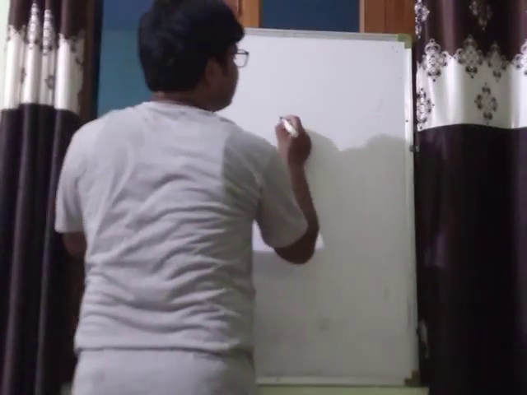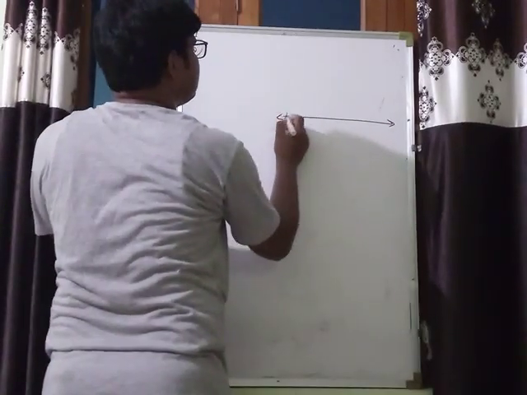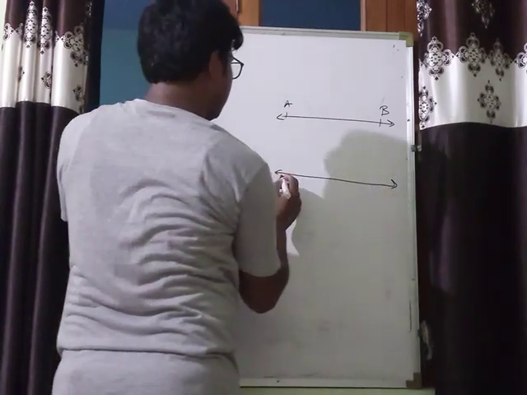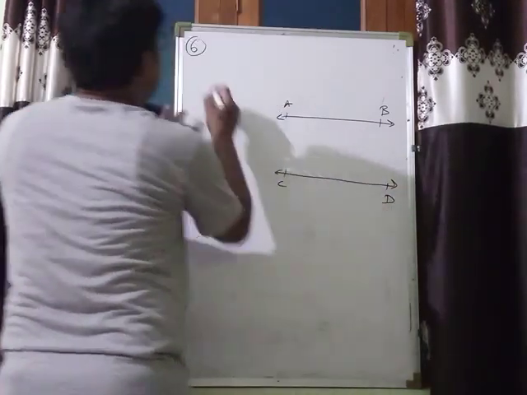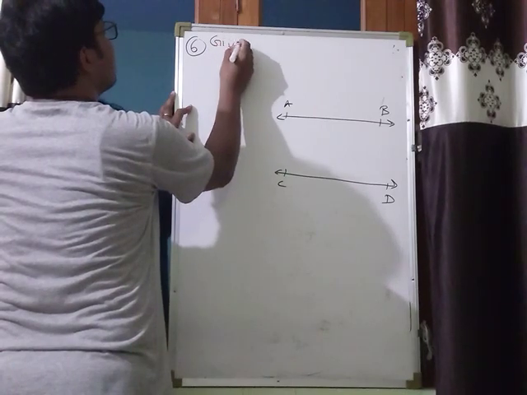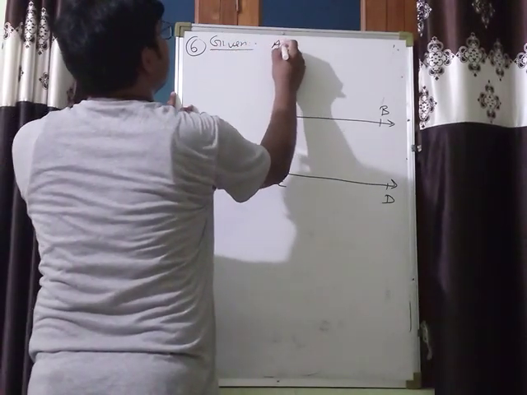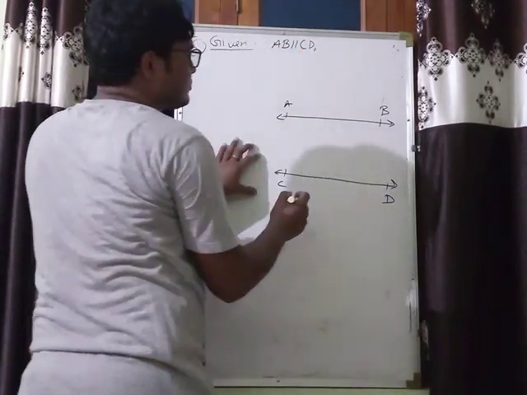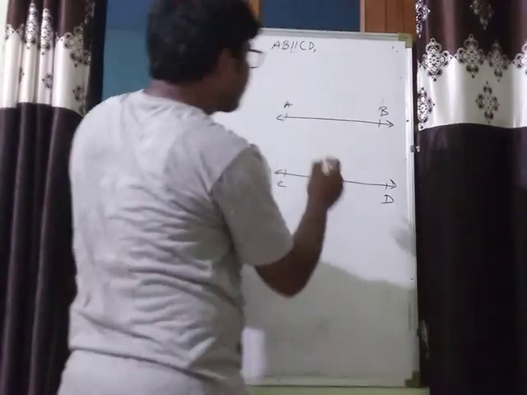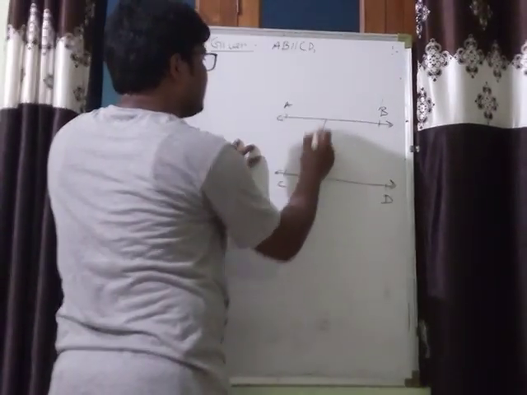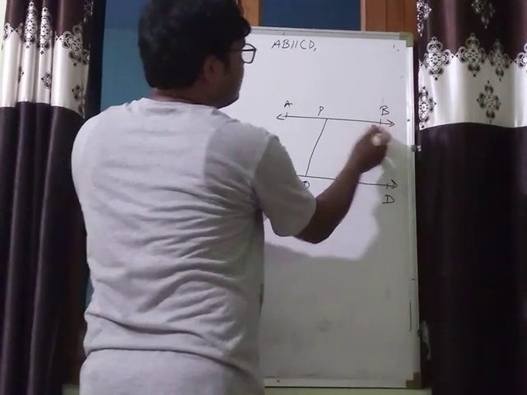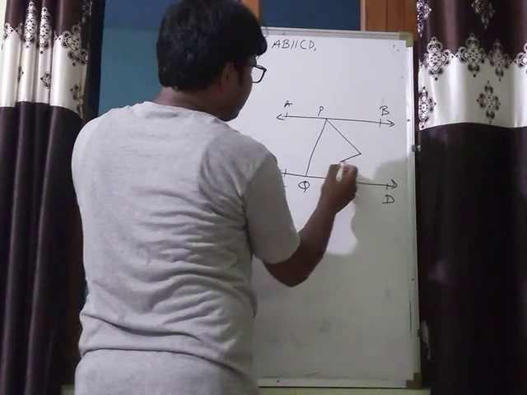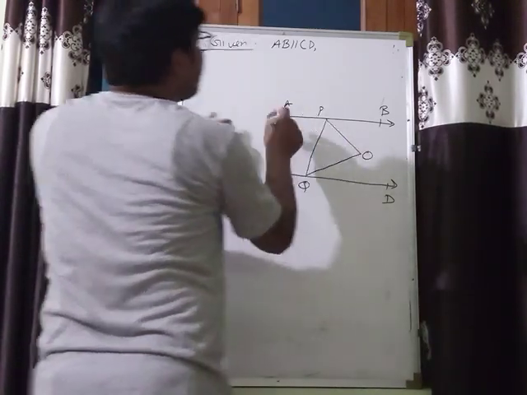See, the figure is this one. This is AB, and that is CD, and it is given that AB is parallel to CD, and this is PQ. So the bisector of BPQ and the bisector of DQP meet at O, meaning what?